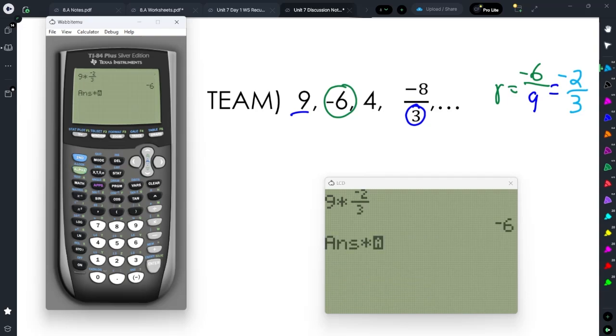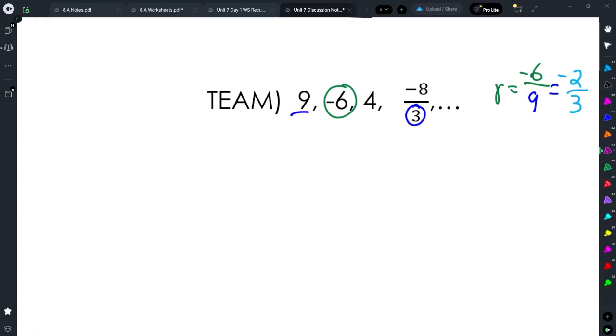I want to times -2/3 again. Okay, that does give me +4. If I hit enter again, I do get -8/3. So this is the r value, -2/3. And then our first term, our a sub 1, is right here.